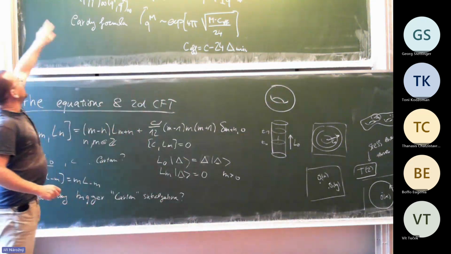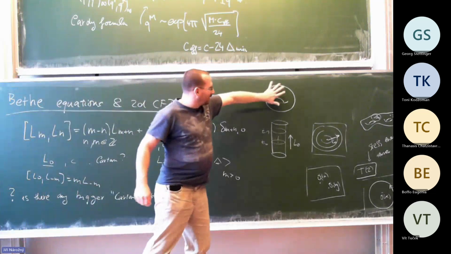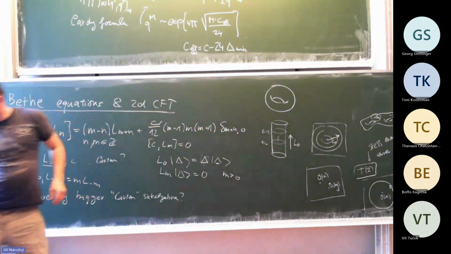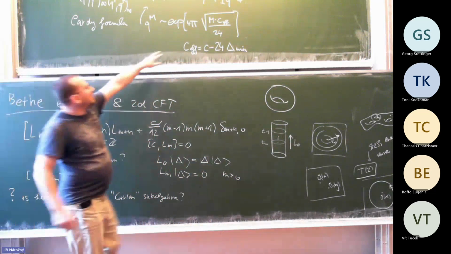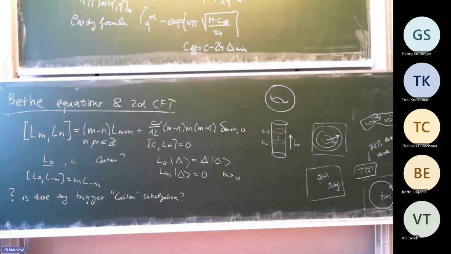You exactly know how these characters transform. So those functions of q have a very concrete and nice transformation property if you change this shape, this q parameter. Okay, and from there you can read off how this behaves asymptotically.